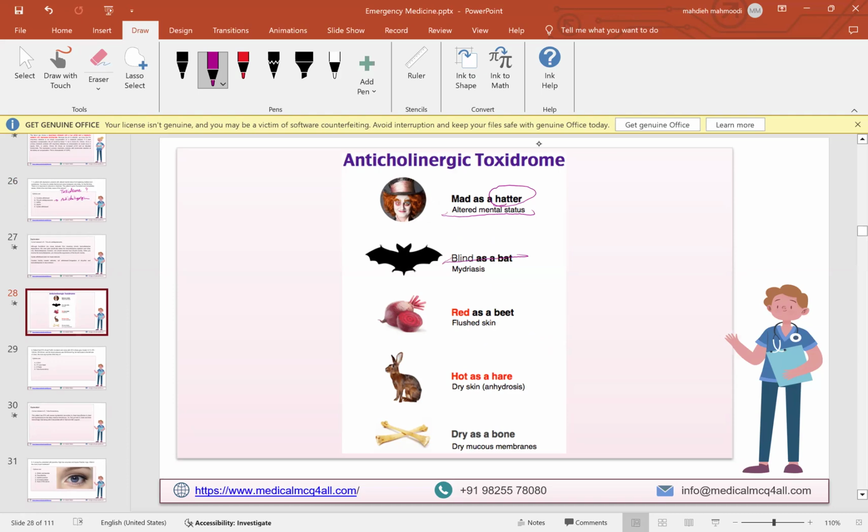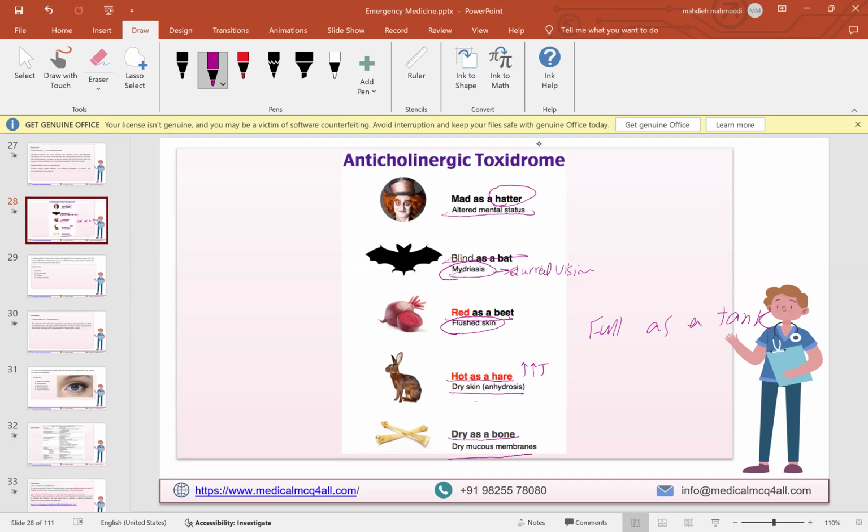Blind as a bat, which means they have mydriasis and, because of that, blurred vision. Red as a beet, which means flushed skin. Hot as a hare, increased temperature. Dry as a bone, dry skin and dry mucous membranes. And full as a tank, they might have urinary retention. This is the anticholinergic toxidrome. Got it?